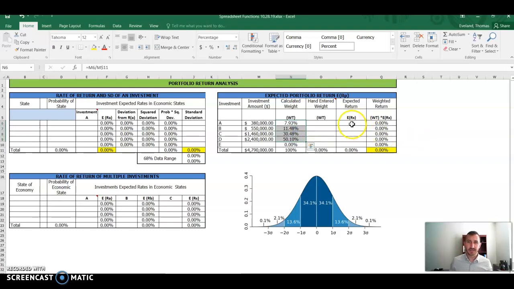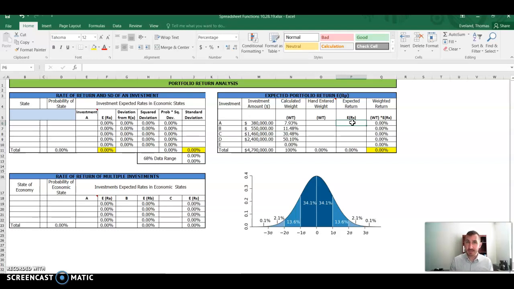The second piece is we need to know the expected return of each investment. Sometimes this is given to us in a book, a financial publication, or investor relations, whatever it might be.